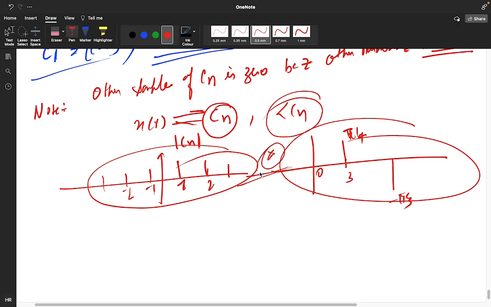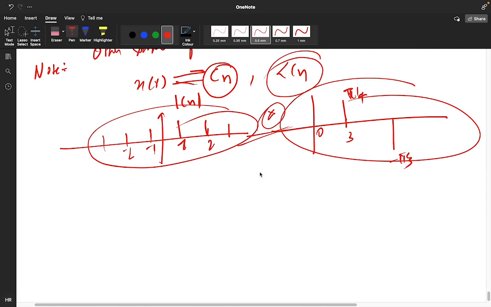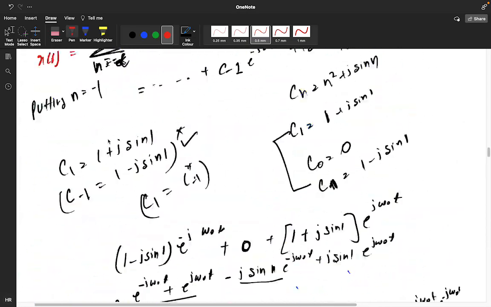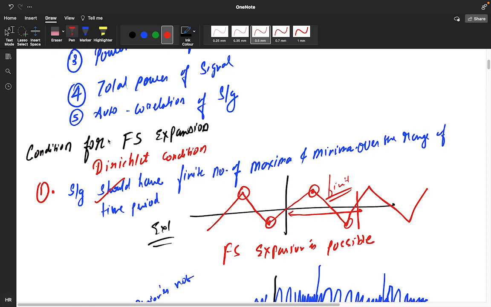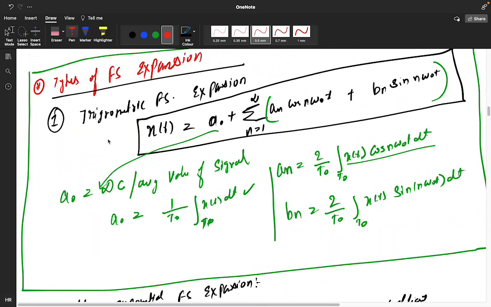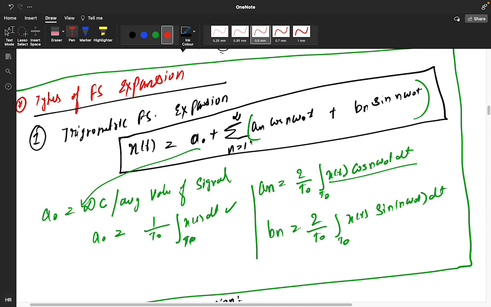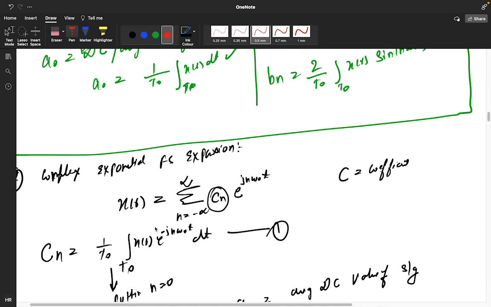Okay, now we are going to see the relationship between an, bn and cn. At the starting we already discussed the trigonometric Fourier series expansion, and this is the complex exponential Fourier series expansion.